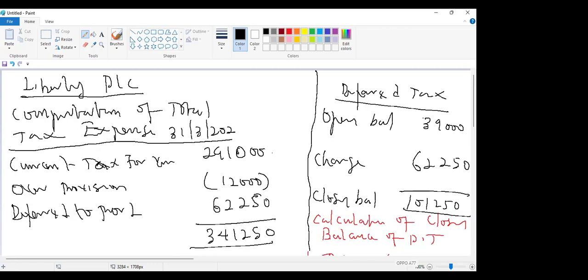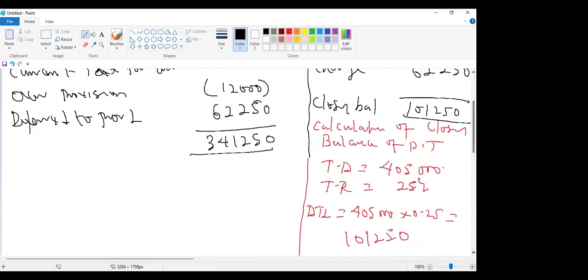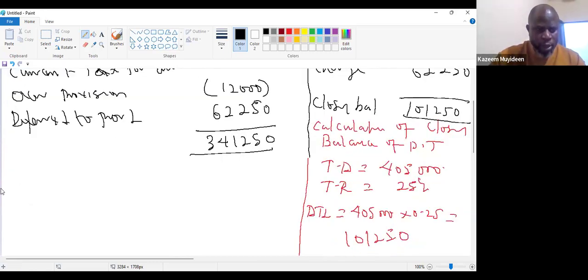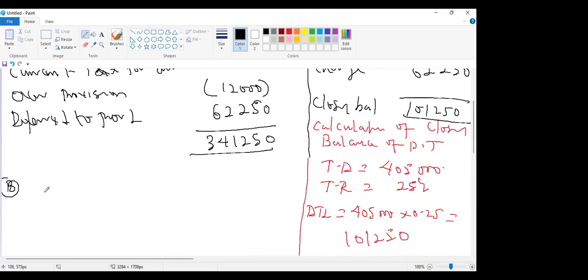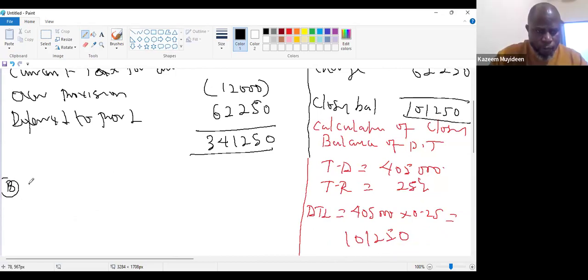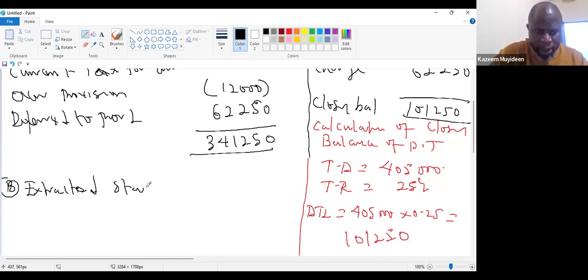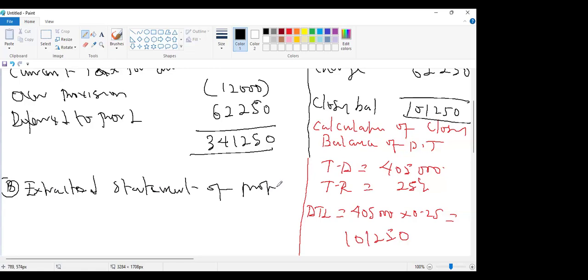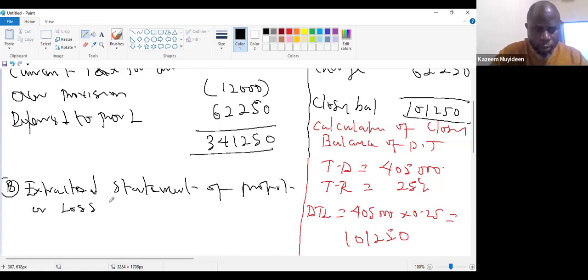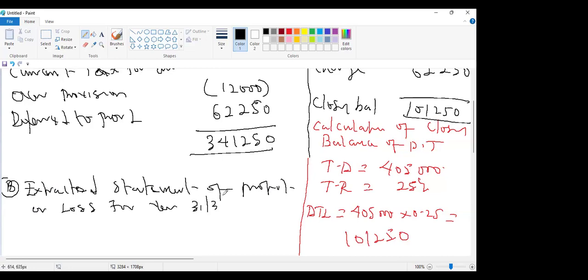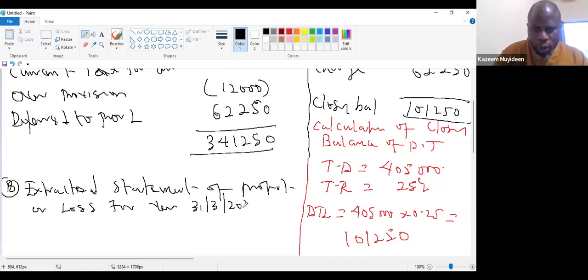Now, let's go to the extracts, part B of the question. Extract, statements of profit or loss for the year ended 31st March 2020.